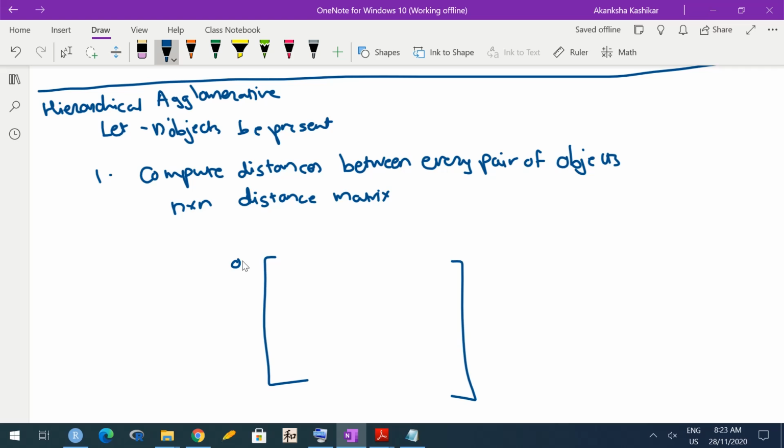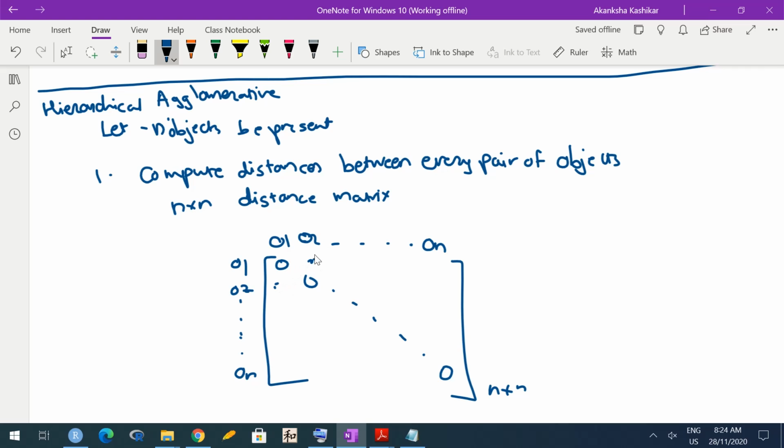So you have O1, O2, On on this row and O1, O2, On on this row. So you have an n cross n matrix. Of course, along the diagonal you have zeros because it is the distance of an object from itself, and the matrix is symmetric because here you will have the distance between O1, O2 and here the distance between O2, O1.